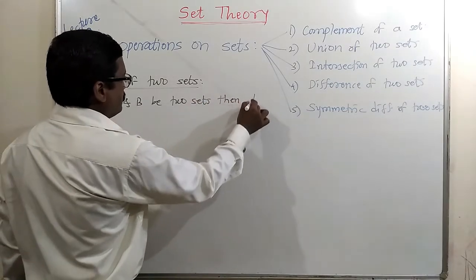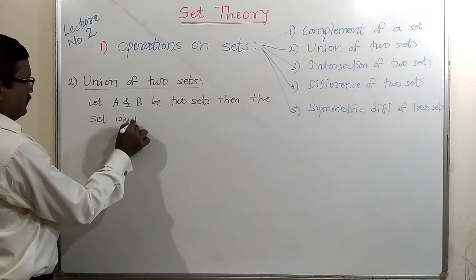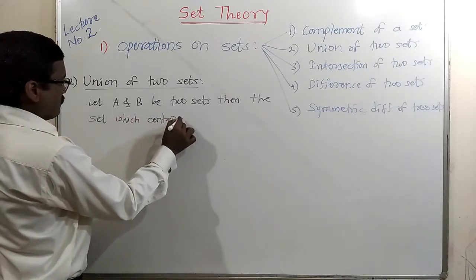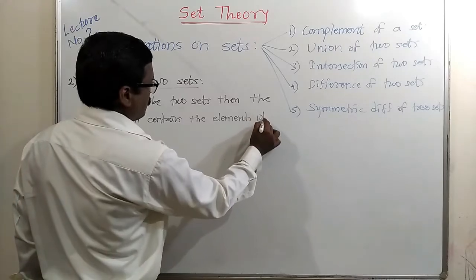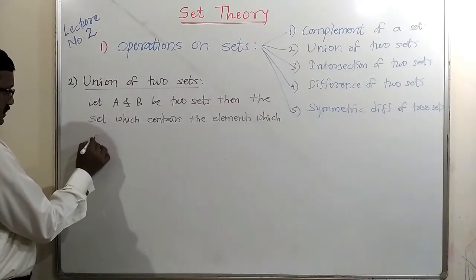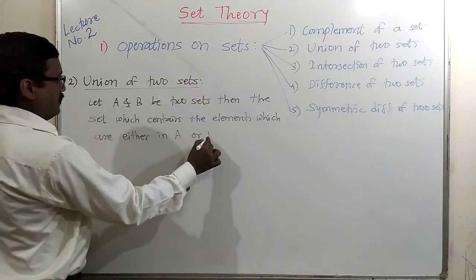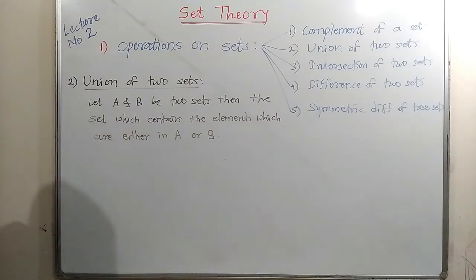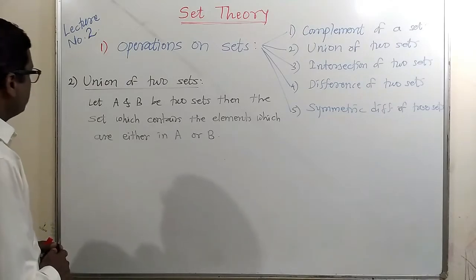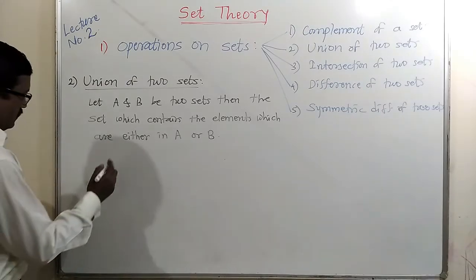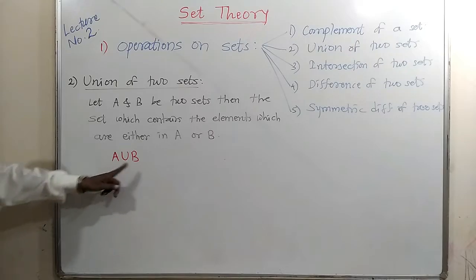Then the set which contains the elements which are either in A or B, means it's a set of elements of set A or B. This is denoted by the symbol A union B. This is the symbol for union of two sets.